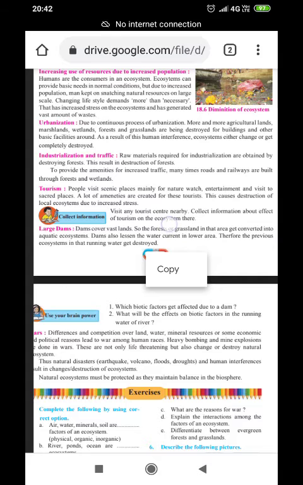Tourism. People visit scenic places mainly for nature watch, entertainment, and visits to sacred places. A lot of amenities are created for these tourists. This causes destruction of the local ecosystem due to increased stress. Large dams.